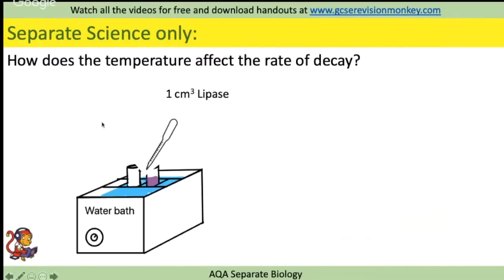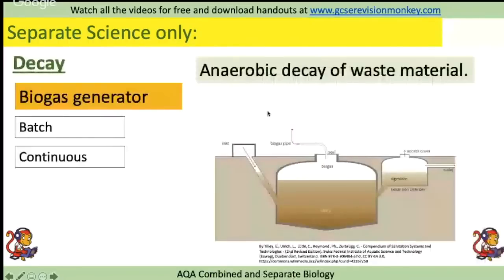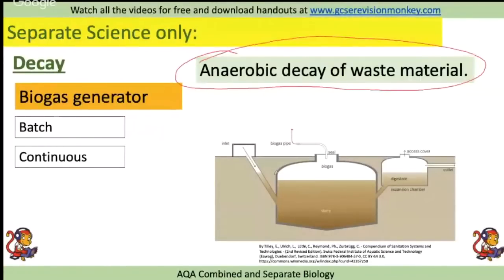We'll come back to the meaning of batch and continuous in a second, but we'd make sure that they were in anaerobic conditions, because if they are in anaerobic conditions, when we got our sewage in here, it releases biogas, which is mainly methane. That is a byproduct of the anaerobic decay in here. And then, as a useful product, we get the digested material out here that makes really good fertilizer. So we can store that and use it again on the farm.